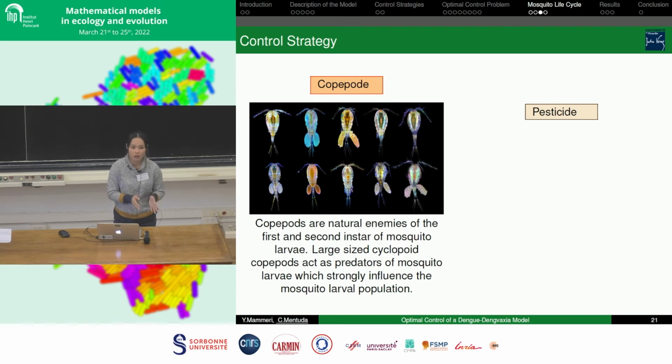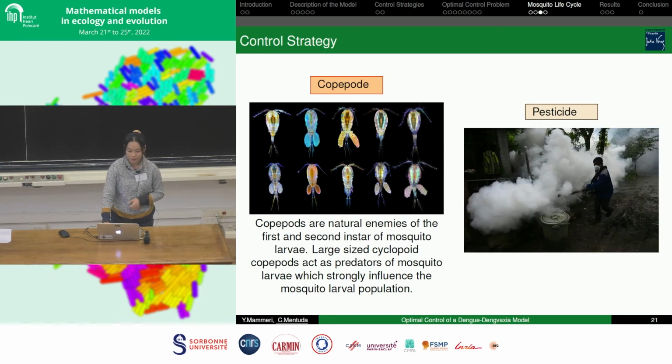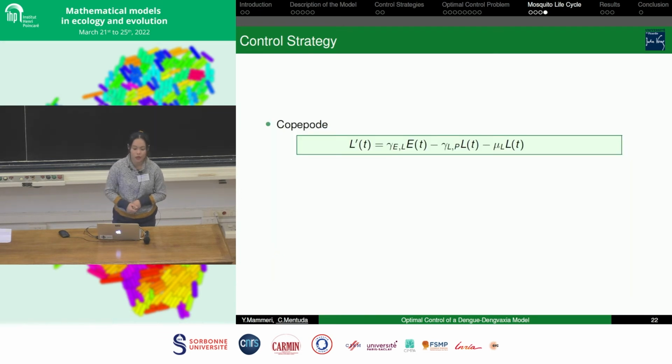So they are only concerned with the first and second N-star larvae. So if you apply copepods, its effect is only on the larvae, not the eggs, not the pupa. Okay? And then the pesticides. Okay. So applying the copepods, based on the previous equation, since it only targeted the larvae, we just subtracted W sub y, L.